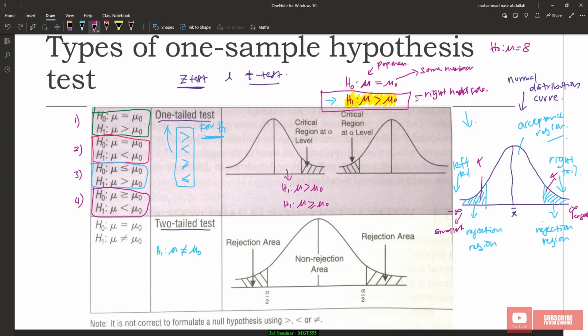Kalau alternate hypothesis is less than mu naught, ataupun less than or equal to mu naught, it means that it stay to the left, right? So kita akan draw the distribution and critical region rejection area kita to the left, right? Remember, right?